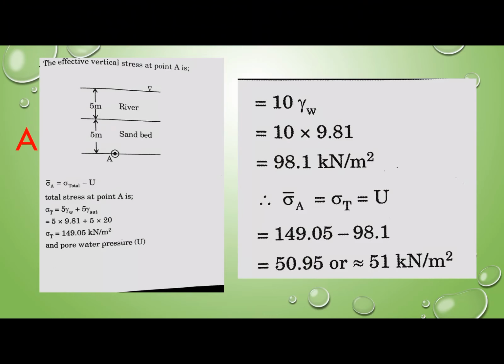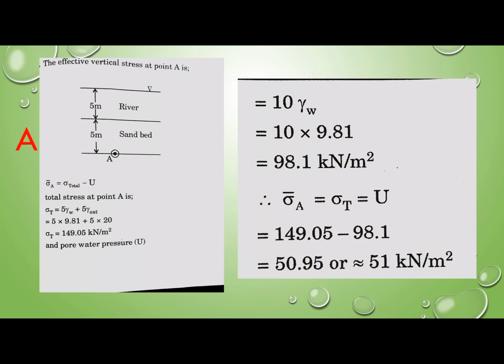So just substitute these two values in the initial equation, which is sigma dash is equal to sigma total minus U. 149.05 minus 98.1, we are getting 50.95, which is near to 51 kilonewton per meter square. So the correct option is option B, 51 kilonewton per meter square.